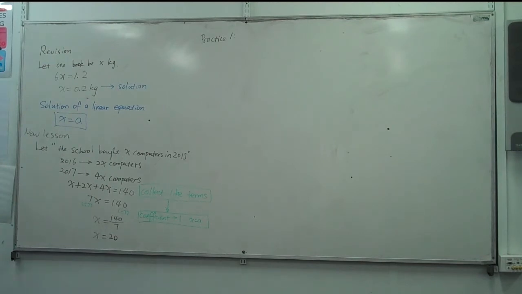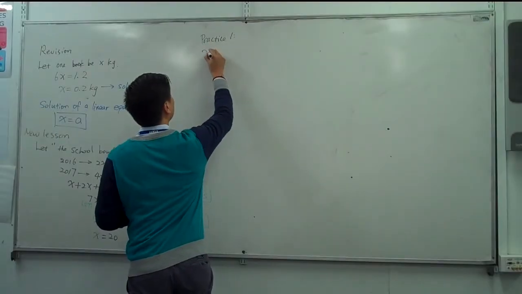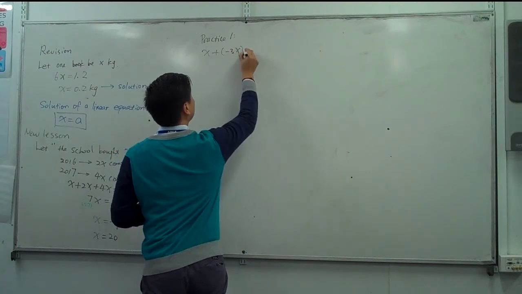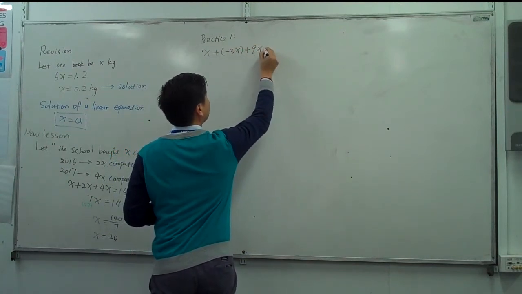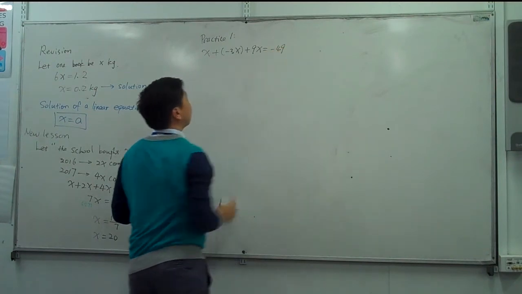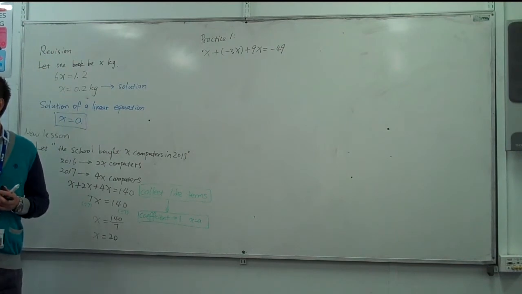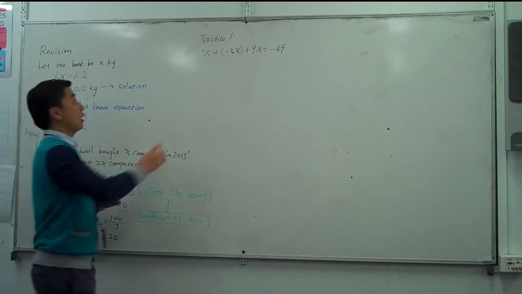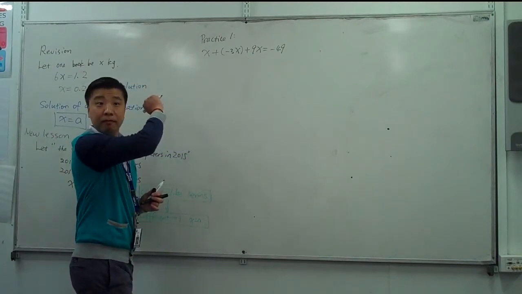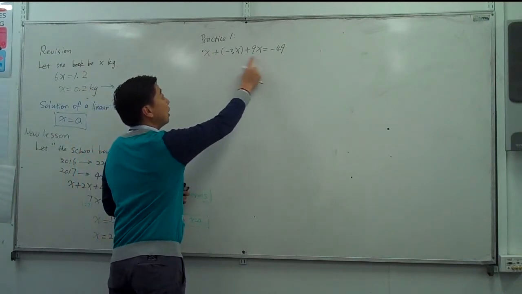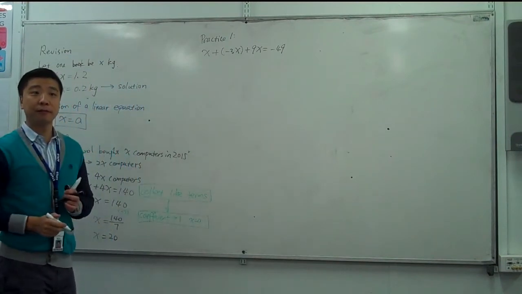This one you don't have to say let, because you have already got x. Just follow the description. Is my writing correct? Is that called the sum? Yes? Good. So the sum is negative 49. That's it? Good.